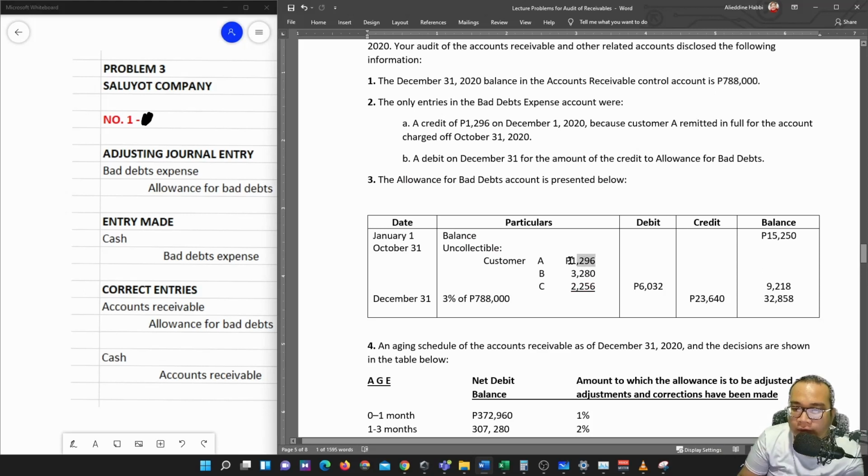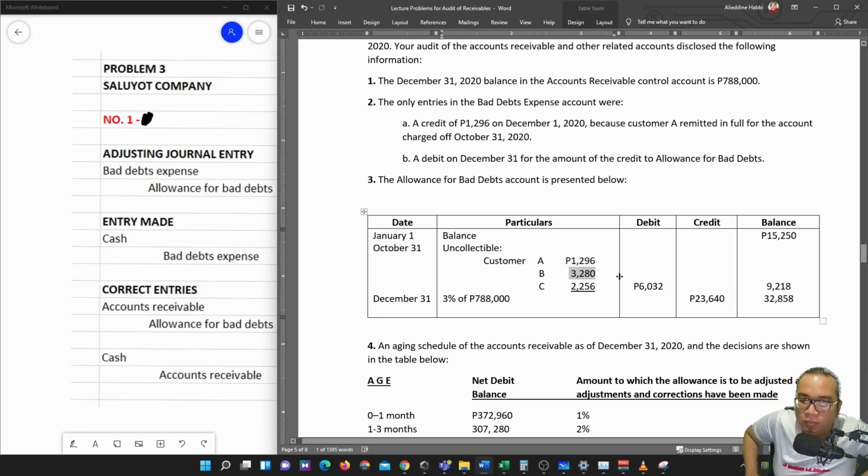So ito yun si 1296, customer A, 328, so 6, okay. Tawag dito, si 2256. So tandaan nyo, tingnan nyo, 6032. Add nyo nga to, anong tamang 6032 ba? Diba? 6832. So may nakita na kayong mali.